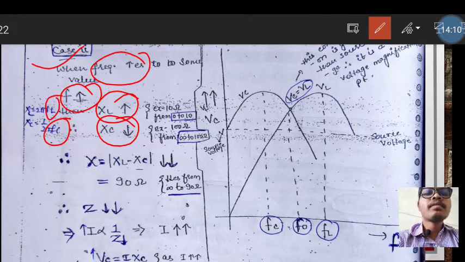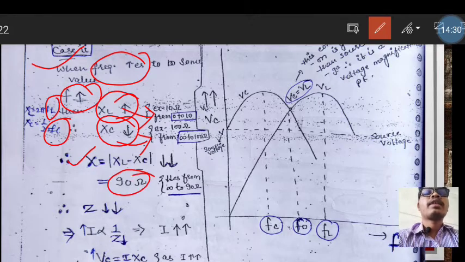So the inductive reactance will be increased from 0 to 10, and the capacitive reactance will be decreased from infinity to 100. The total reactance X is the magnitude of XL minus Xc, that is 100 minus 10 is equal to 90. So it will be decreased from infinity to 90.